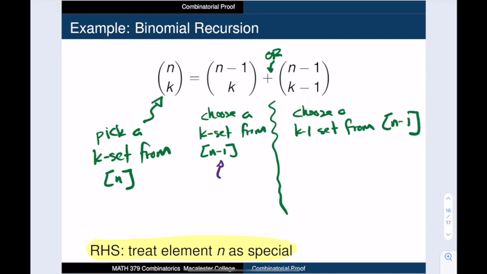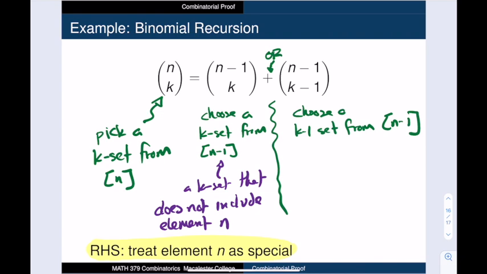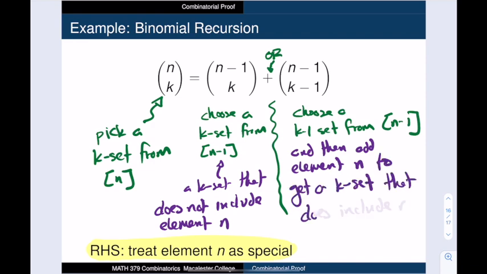This first term is just a k set that does not include element n. And so this means that the other term must correspond to the k sets that include the element n. Here I'm choosing a k minus 1 set and then add element n to get a k set that does include n. And now I've accounted for all possible k sets. And so the left-hand side is equal to the right-hand side. And we've proven our combinatorial identity.